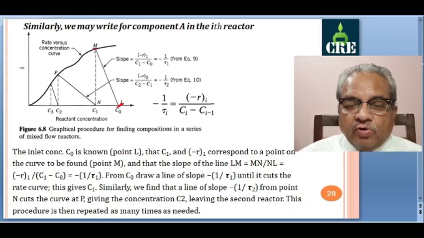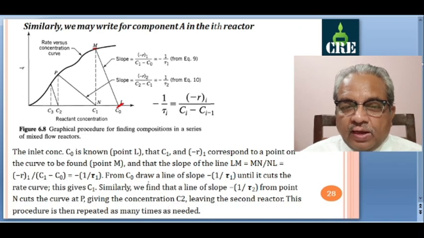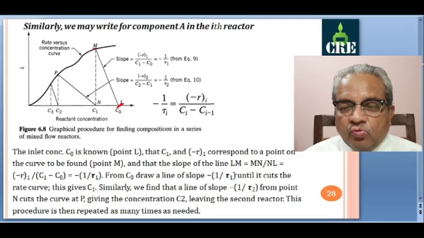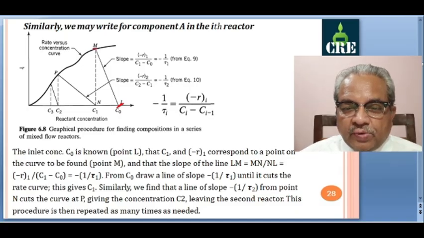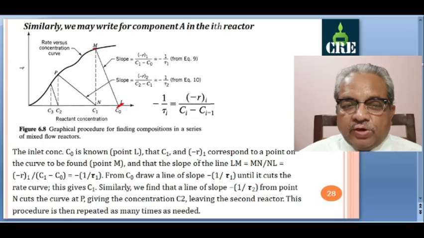This M is to be found, and the slope of the line LM, this slope, is dy by dx, MN by NL, and that is equal to minus 1 by tau 1. So you draw a line of slope minus 1 upon tau 1 until it cuts this curve. When it cuts this curve, you get your point M, and from there you come down and get C1. Similarly, continue with minus 1 upon tau 2, you get your second point, and so on.